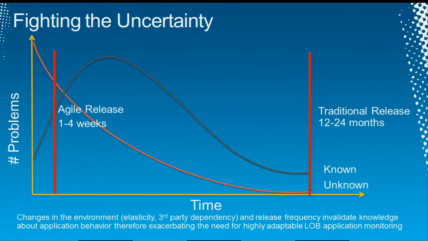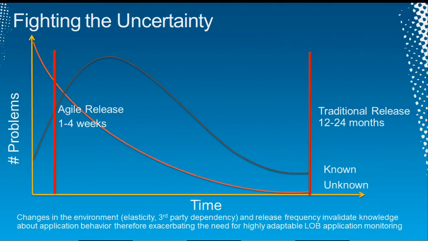Now, with agile releases, with the very high frequency of changes in the environment, if you're using, I don't know, cloud with cloud elasticity, or you're relying on third-party services, it really exacerbates the problem of not knowing what's going on and invalidating the knowledge about your application servers with almost every release.